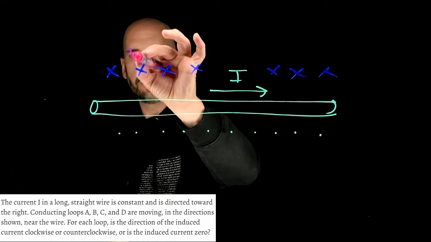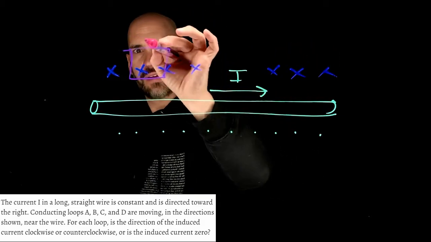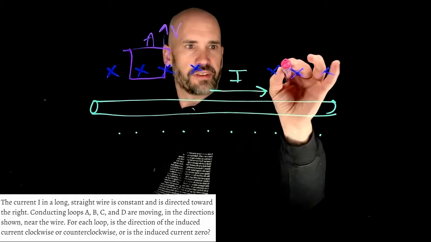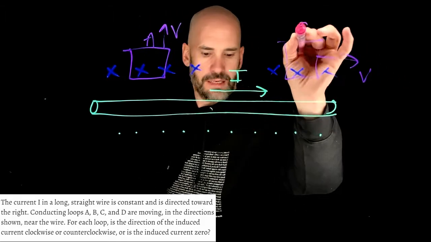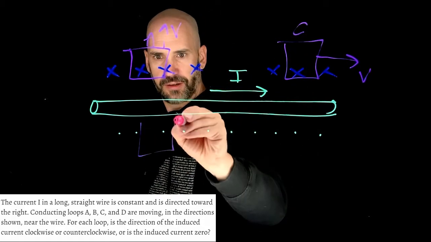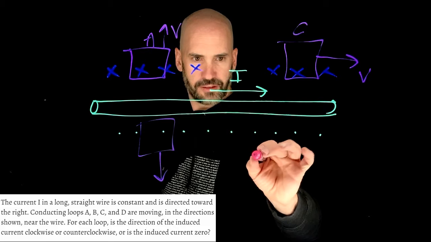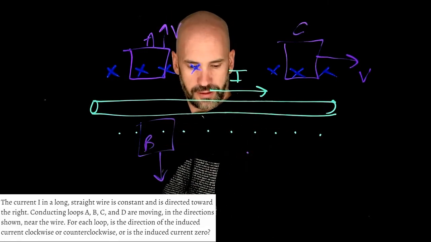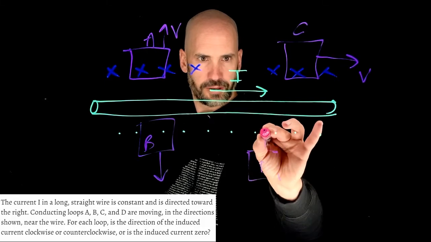This A loop here, I'm going to put a little A, and it has a velocity going up. There's a little C loop over here, a little B loop over here going this way, and a little D loop over here going this way.